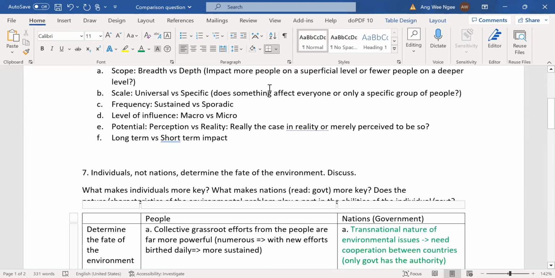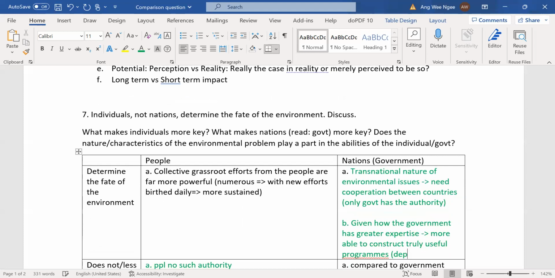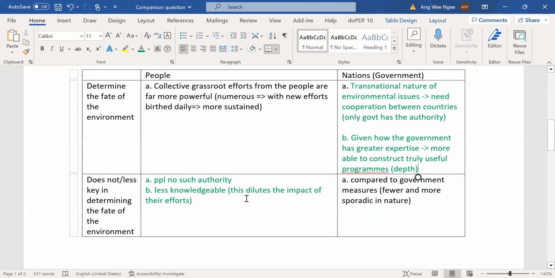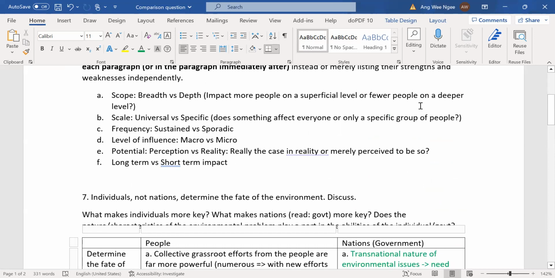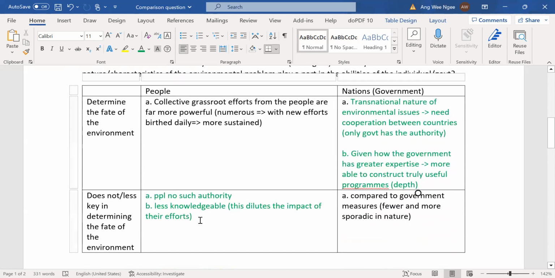But if you want to really apply it, I think it could be talking about depth, where you are looking at how the efforts are truly insightful. So it goes deeper rather than being on a superficial level. So with people, the efforts might be superficial. Okay, so that is another point. So you have 3 points in total now.